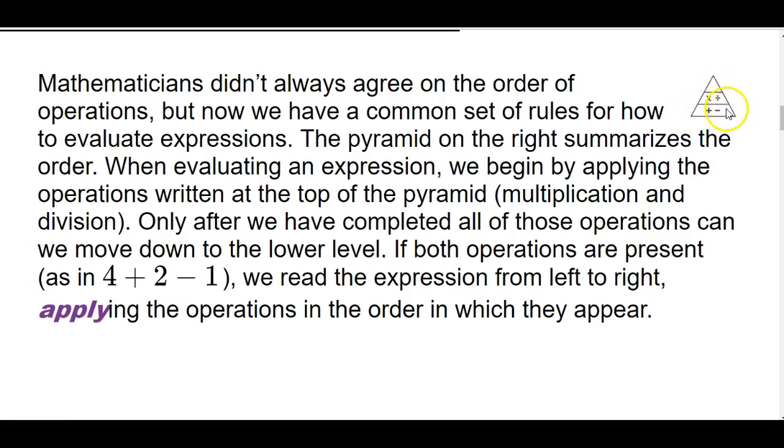Same thing with addition and subtraction. They're exactly equal in power, so we would do either subtraction or addition just going left to right. It says if both operations are present, as in 4 plus 2 minus 1, we read the expression from left to right and apply the operations in the order in which they appear. So this one tells me to first take 4 plus 2, that'd be 6, then minus 1 gives me 5, right?